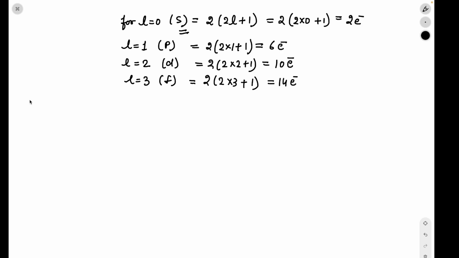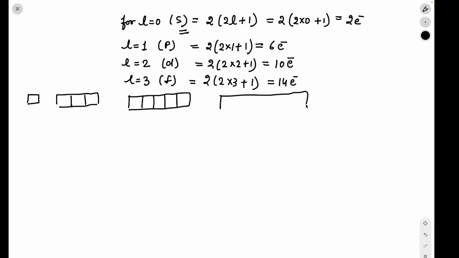We can also understand it like this: S has 1 orbital, P has 3 orbitals, D has 5 orbitals, and F has a total of 7 orbitals.